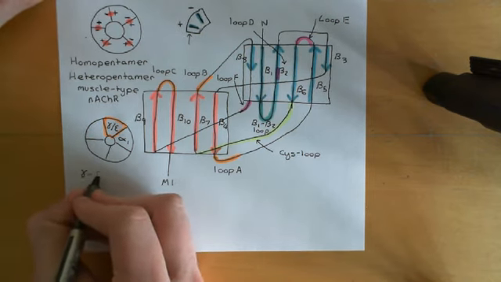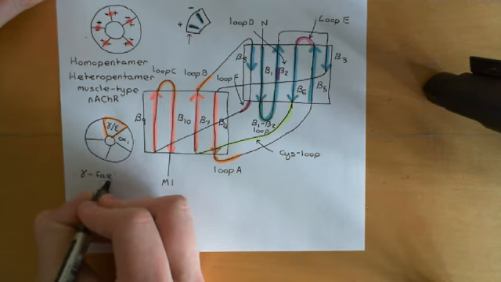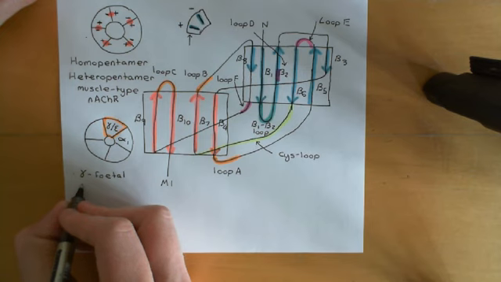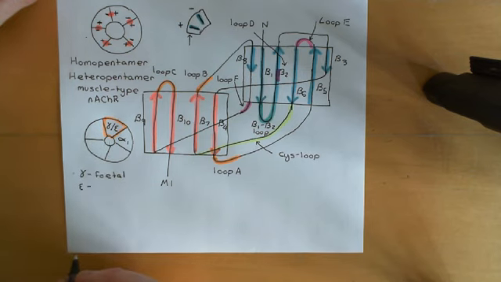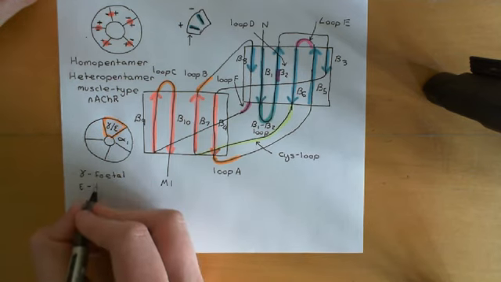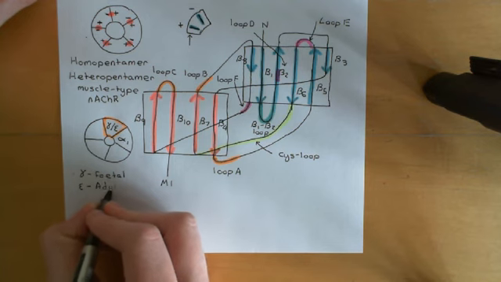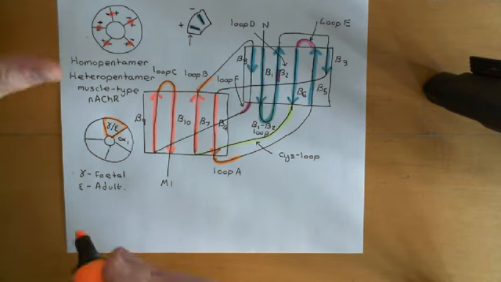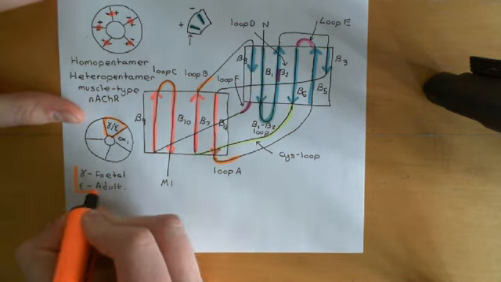So the gamma subunit is used in the fetal muscle type nicotinic acetylcholine receptor. The epsilon subunit is used in the adult muscle type nicotinic acetylcholine receptor. I'll just box that in orange here.